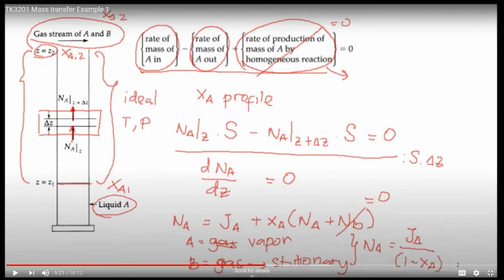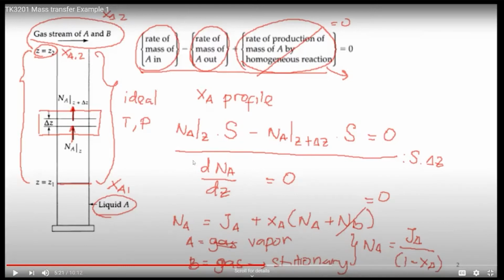But eventually you will divide by that surface anyway, so it will disappear. If you write pi r squared here, you can divide this equation by pi r squared delta Z, and eventually you will get exactly the same equation.